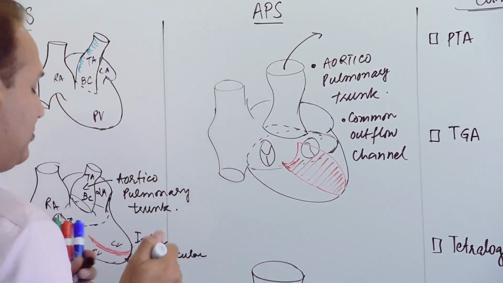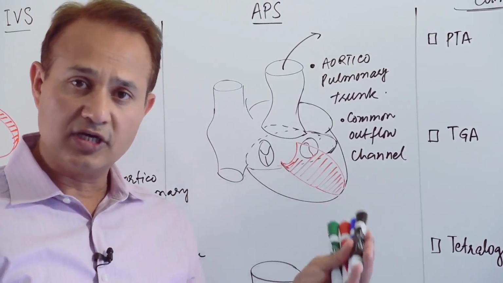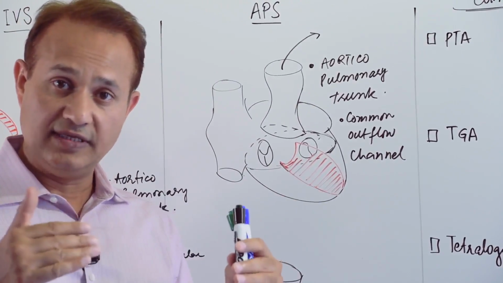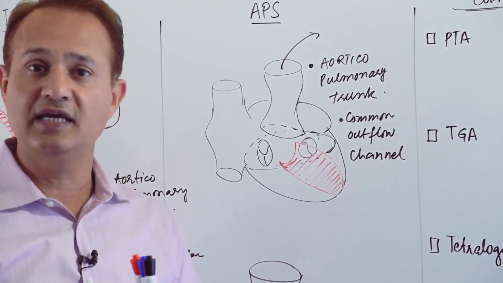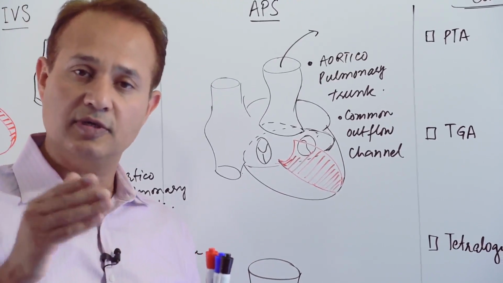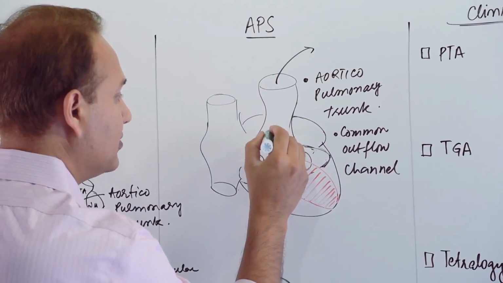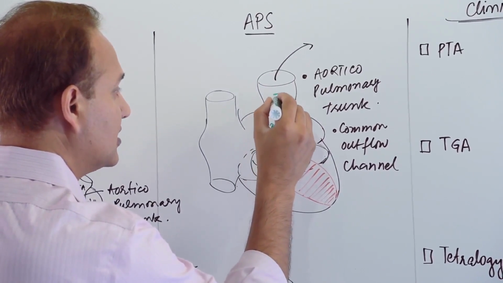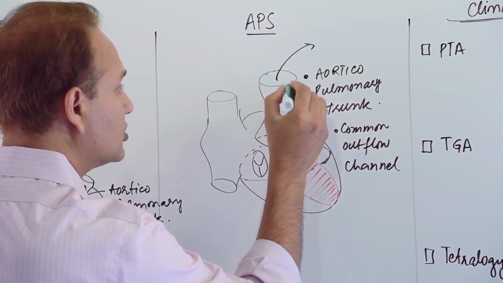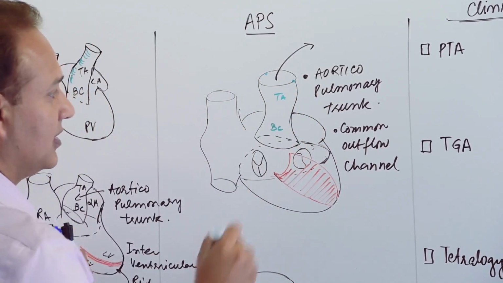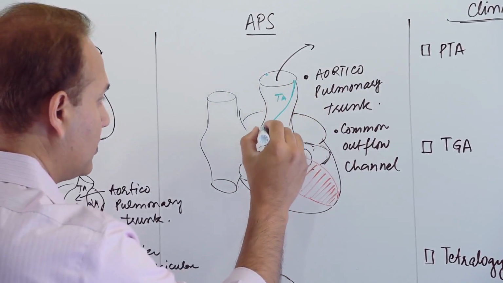So how does that happen? First of all, remember this, the neural crest cells migrate into this area and they make ridges. We call them bulbar ridges, or conal ridges, or truncal ridges. So here is the bulbus cordis, here is the truncus arteriosus. A ridge appears on both sides of this, and that ridge will go down like this.